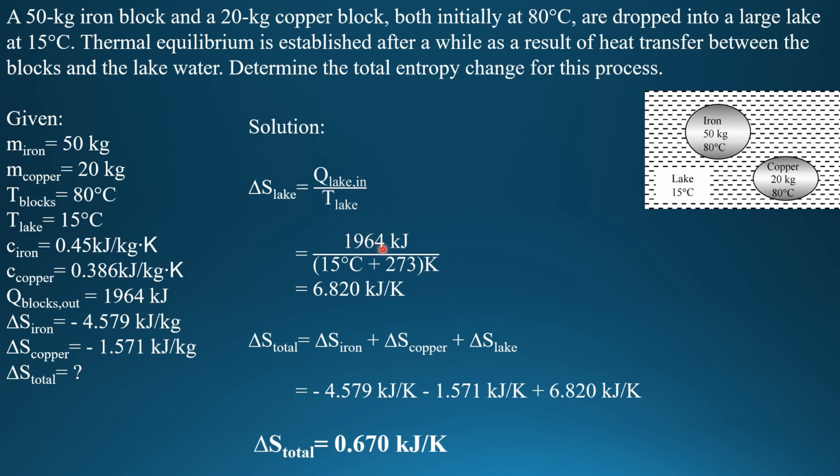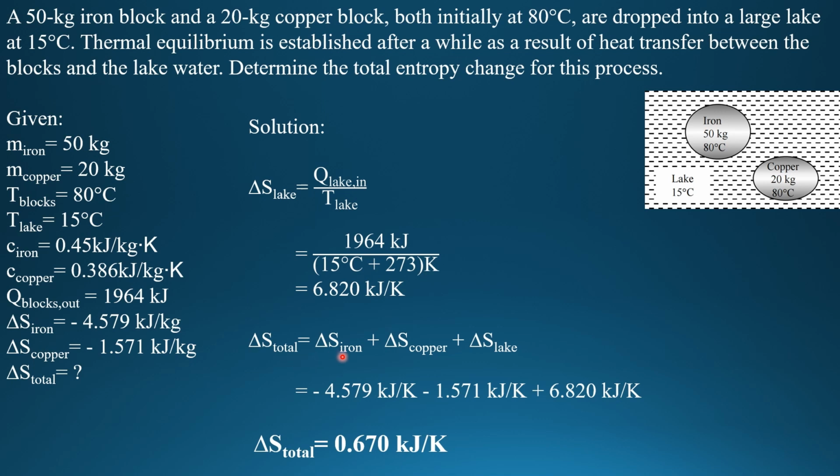So that's why we have 1964 kilojoules divided by 15 degrees Celsius plus 273 Kelvin, and we have the change of entropy of our lake, that is equal to 6.820 kilojoules per Kelvin.